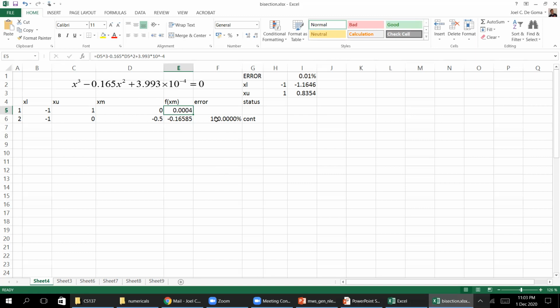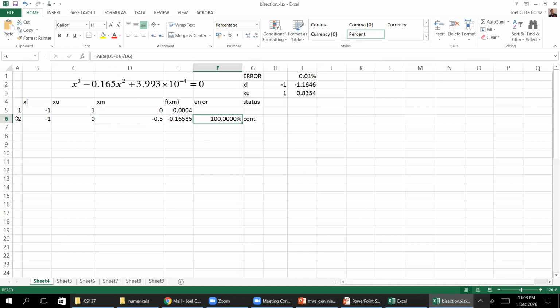So in step 2, our old is 0, our new is -0.5. So this will be our divisor. Using the absolute relative error, this is the error.